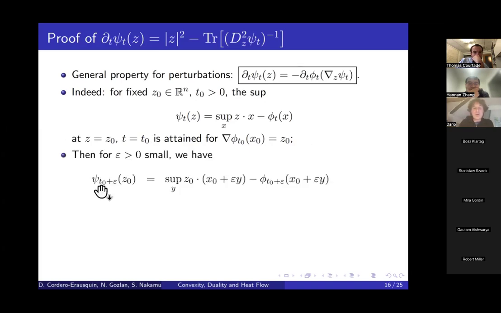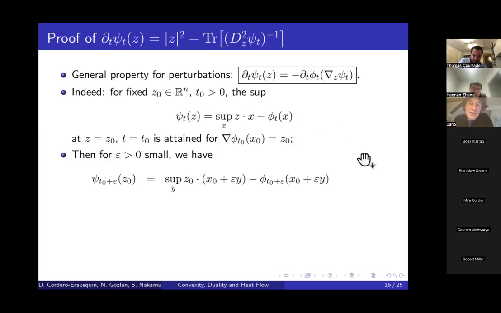What I really want to compute is the derivative in time. So I will look at psi at t naught plus epsilon for some small epsilon, at the same point z naught. It's the same definition as before, except the point x, I call x naught plus epsilon y, where y is generic. I haven't really done anything here. It's just another way of writing a generic point in R n.